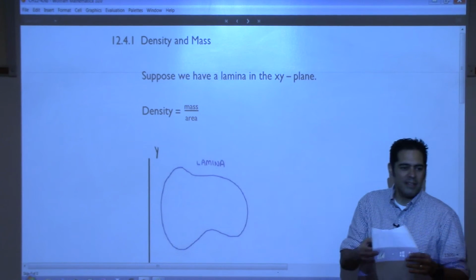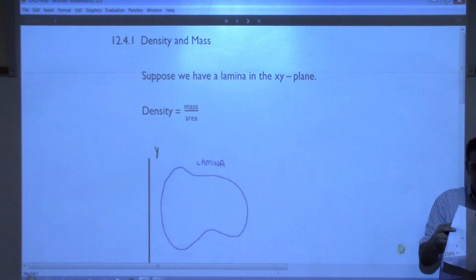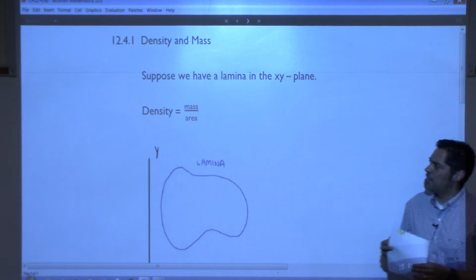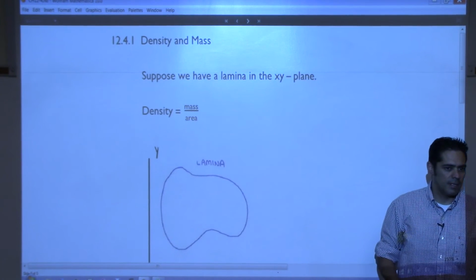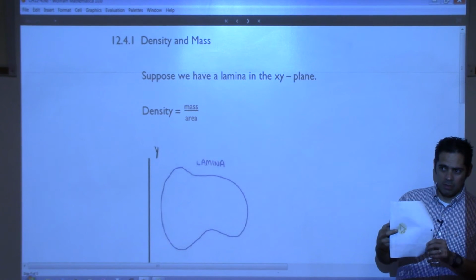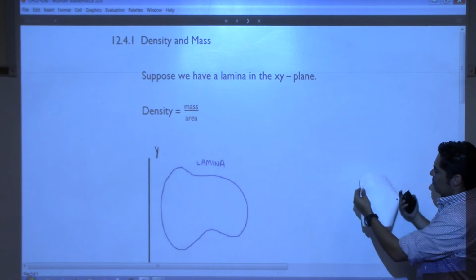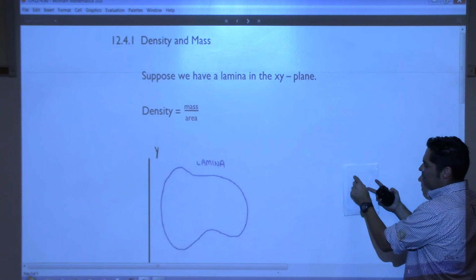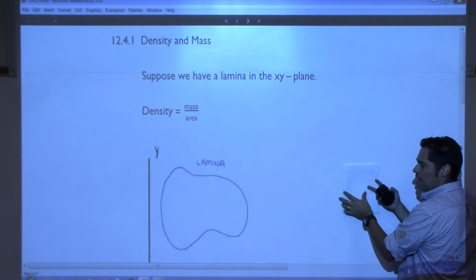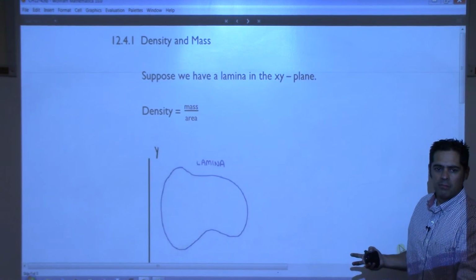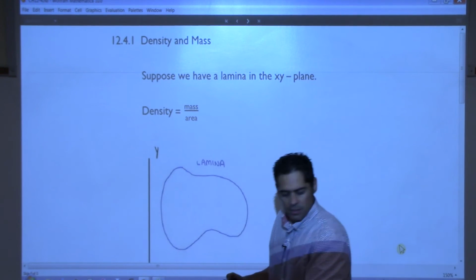And then the density at every point, right? Remember, density is mass divided by area in this case, because it's two-dimensional. So what you're trying to do is figure out what the density is at each point, and then you can ask questions like, well, what's the mass of this thing? What is its mass?